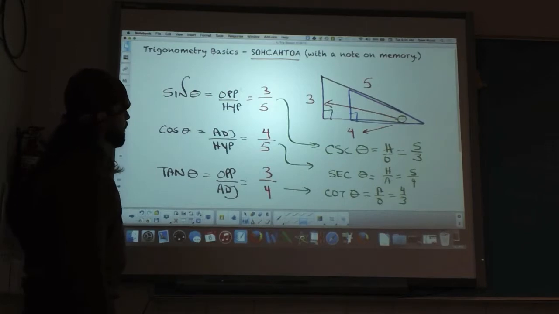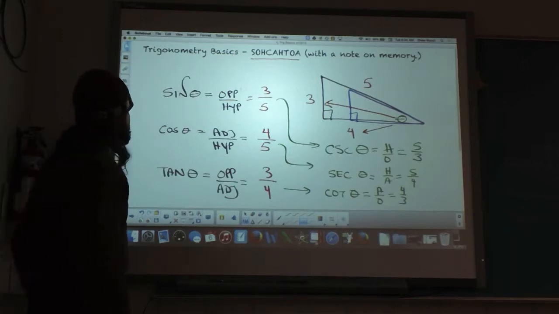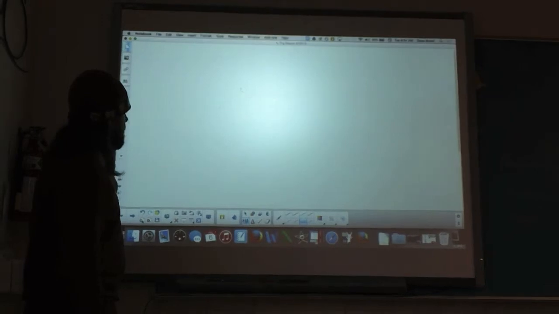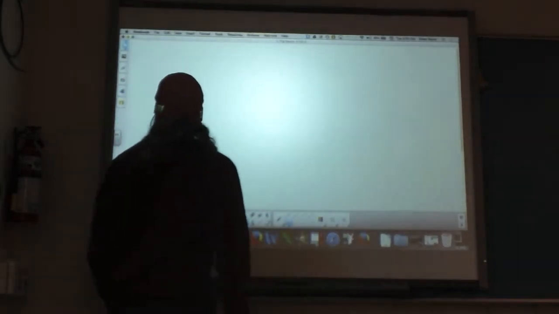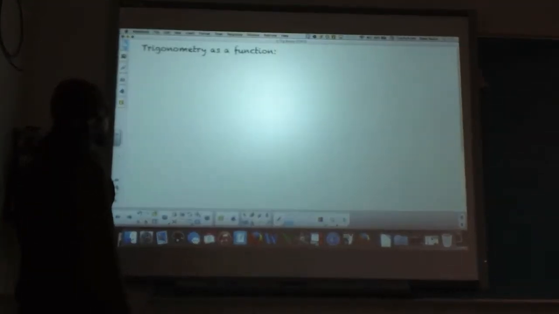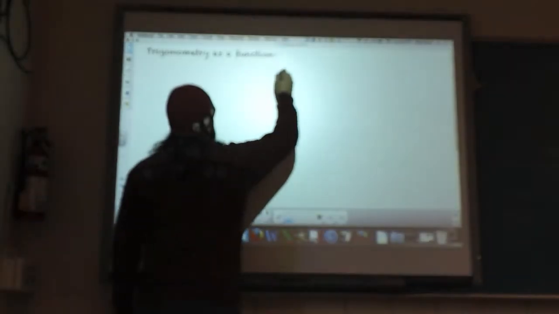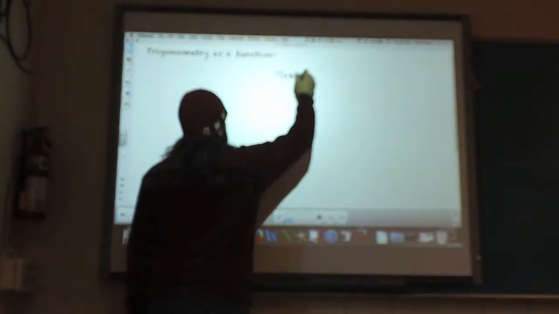How do we use these? Well, we can use these in a couple ways. One thing that we need to understand is that this is a function. So if this is a function, then it will have inputs and outputs. So let's say I take the sine of an angle.